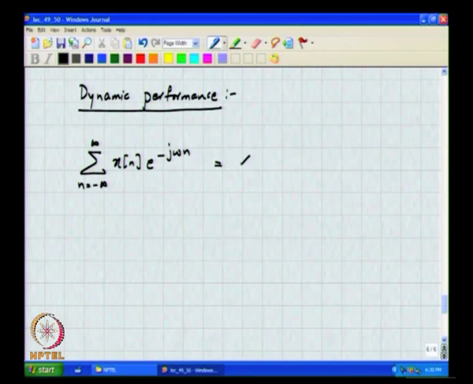So, this is nothing but x of e to the j omega.